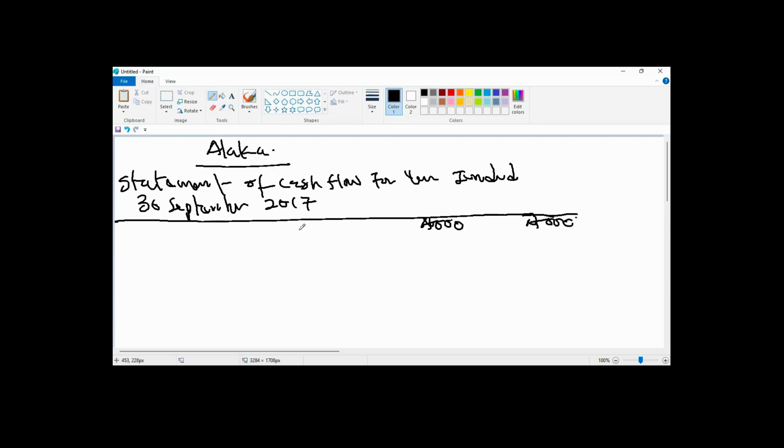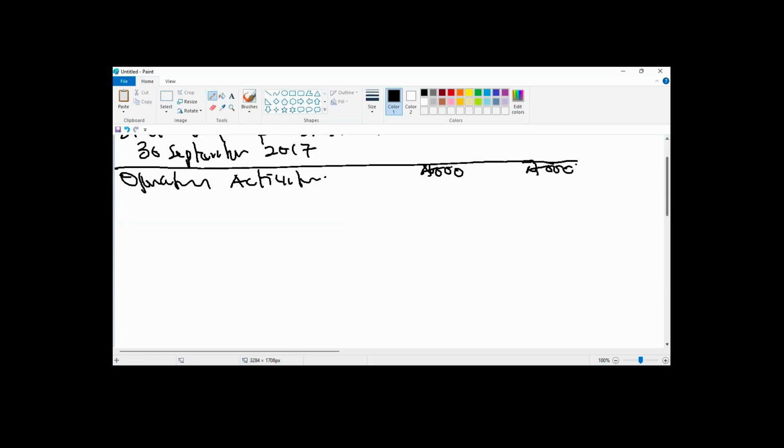Do we consider finance costs as operating or financing? Because we are the one that has that question. Is he going to give us the same answer? Okay, I will now say cash received from customer.